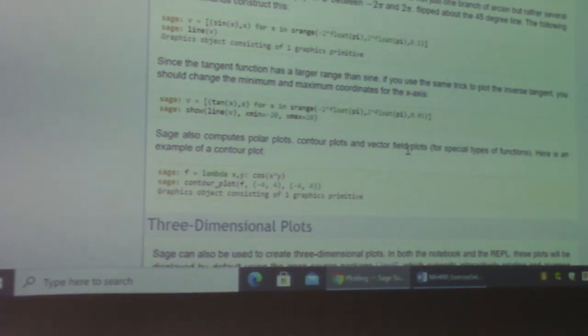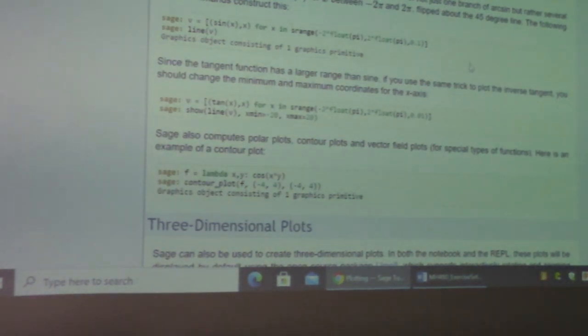Calculus teachers draw the following plot frequently on the board, not just one branch of arcsine, but rather several of them. What is that? Okay. Oh.